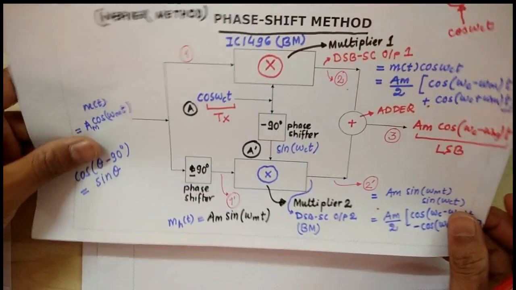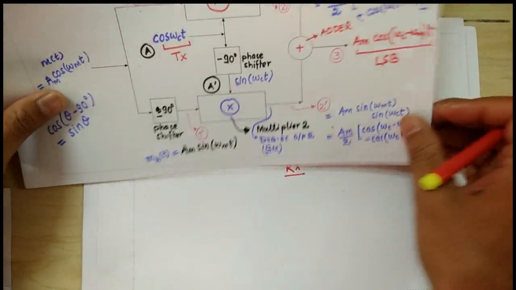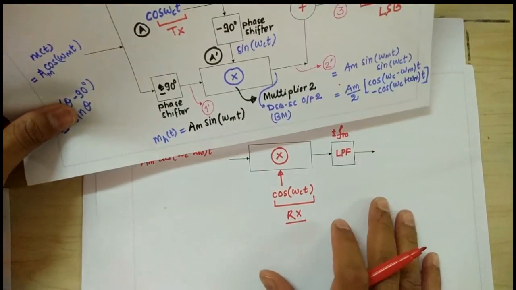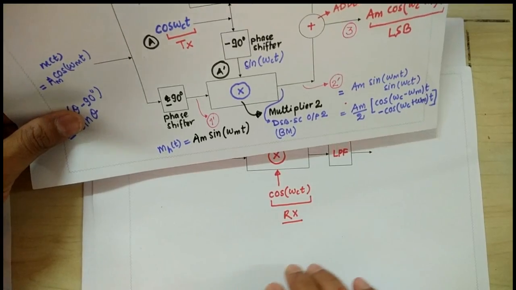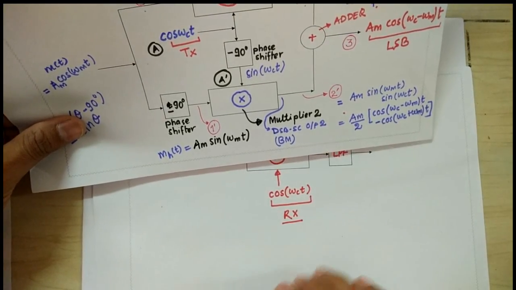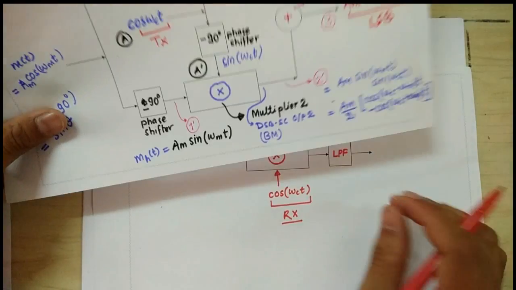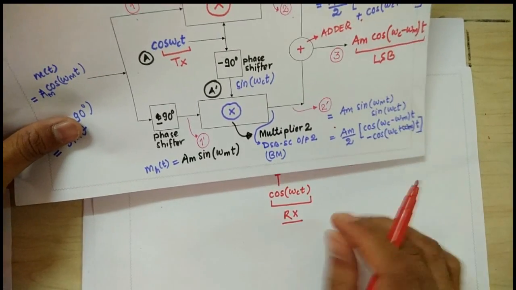So in general, the transmitter and receiver are not at the same location. What I mean by that is, if the transmitter is in Pune, then the receiver is going to be somewhere else. It may be in Mumbai.